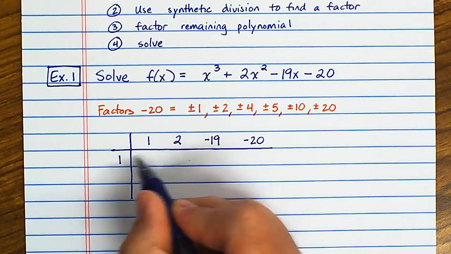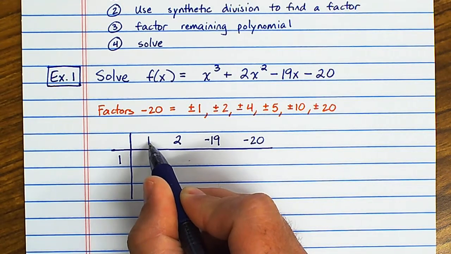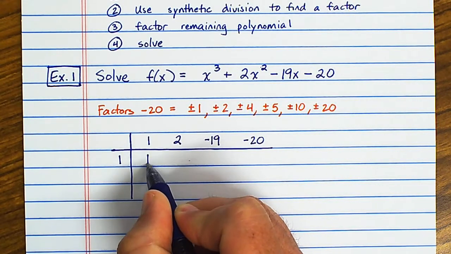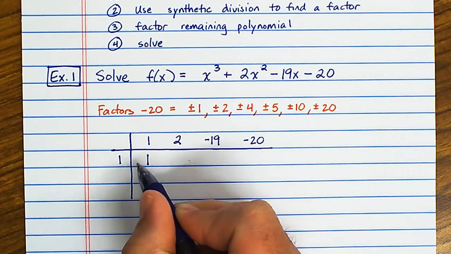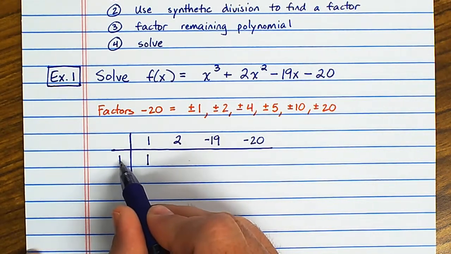So in synthetic division, what did I do with this first term? Brought it down. So I'm just going to bring that 1 down. Now you're going to have to follow my pen and hear my voice.